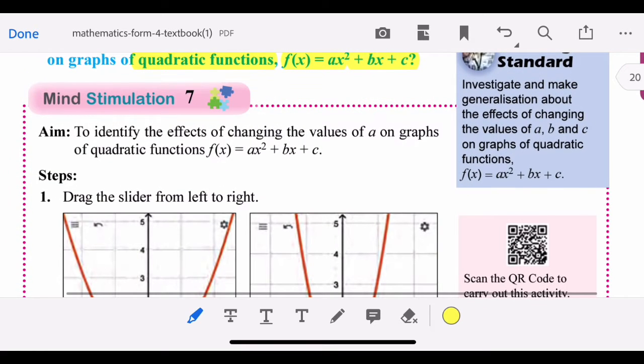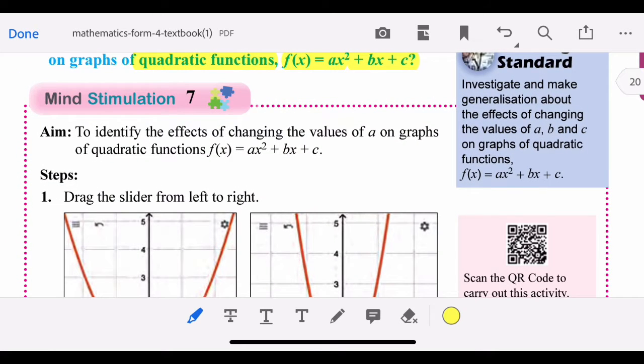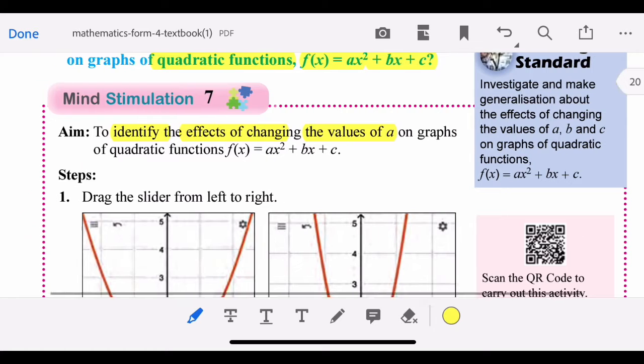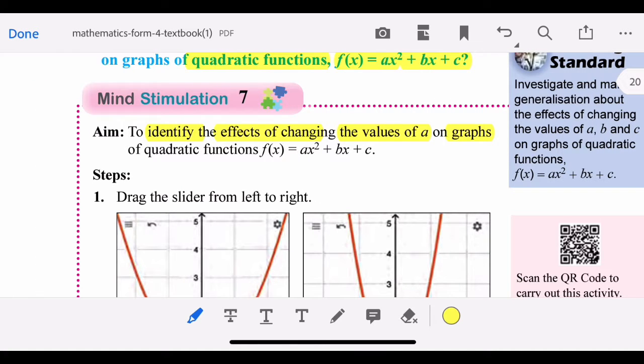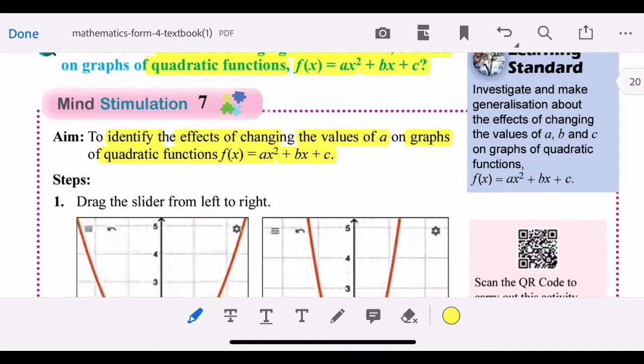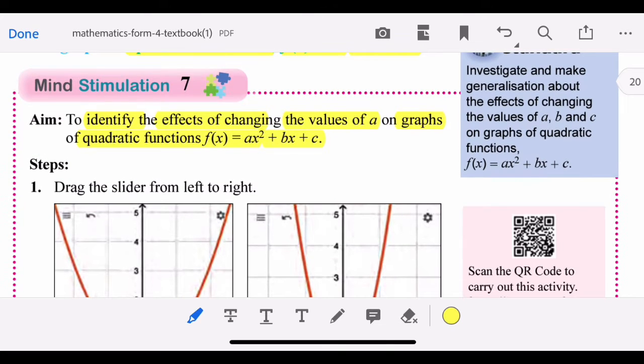The aim of this activity is to identify the effect of changing the values of a on graphs of quadratic function f(x) equal to ax squared plus bx plus c.